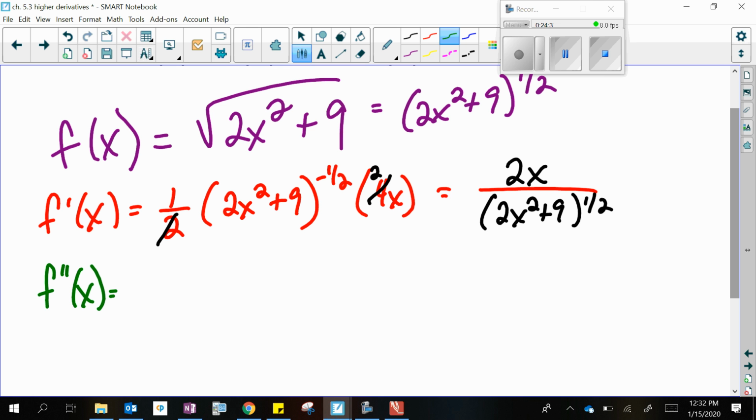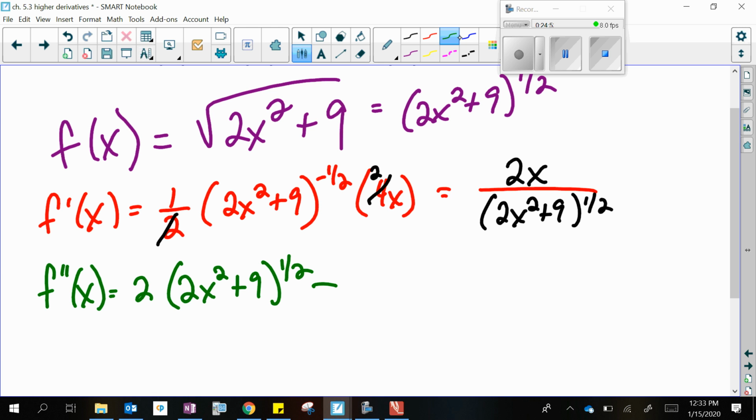Derivative of the top, which is going to be a 2, times the whole bottom, or the whole denominator, I shouldn't say bottom, really, it's not technical. And then minus derivative of the bottom.